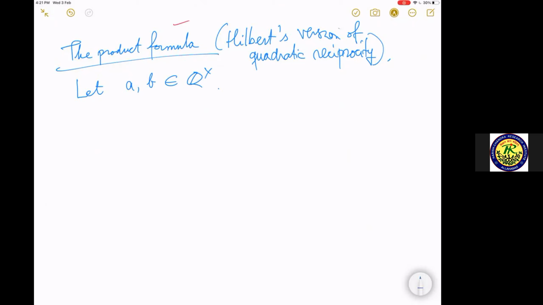Then, of course, this Q is a subfield of Q_p for every prime p, and it's also a subfield of Q_infinity, which is the field of real numbers.